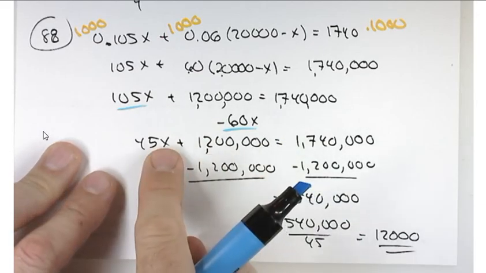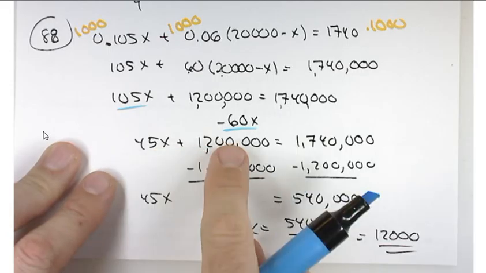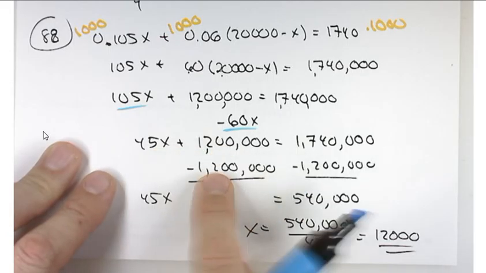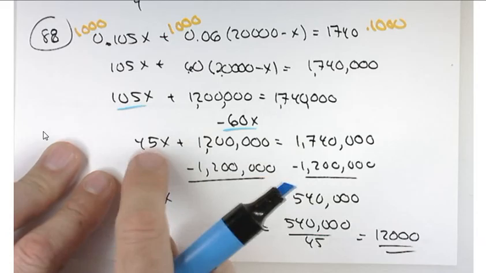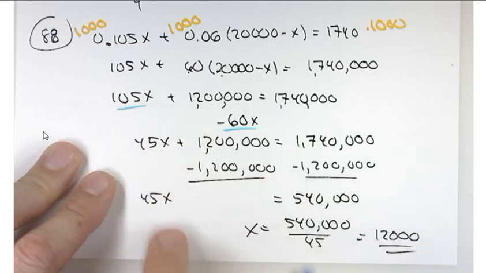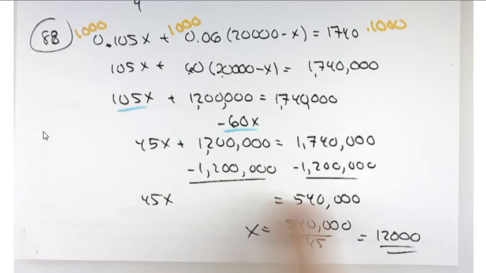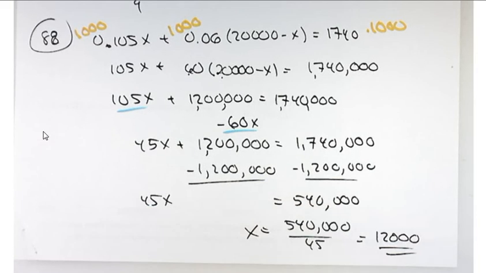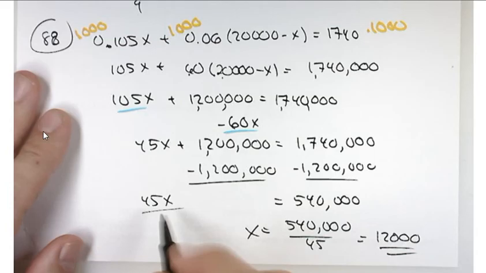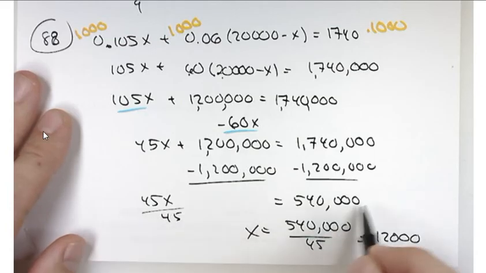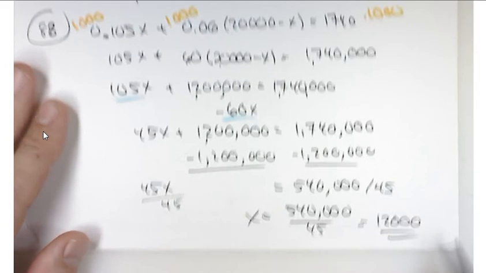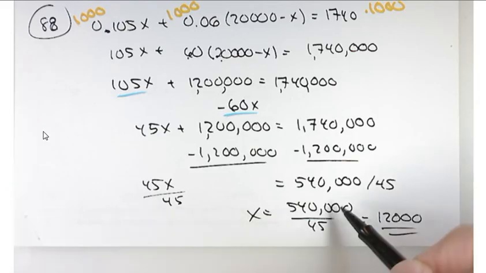My variable's on the left-hand side, so I subtracted the 1.2 million from both sides to try and get the variable by itself. The last step, since I got 45x equals 540,000, I'm going to divide both sides by 45. When I do that, this simplifies as 12,000.